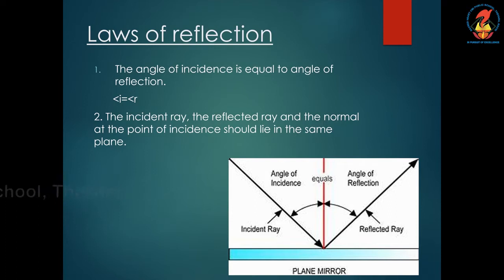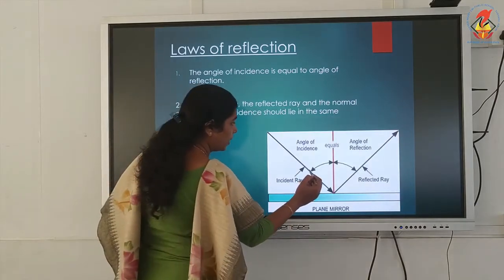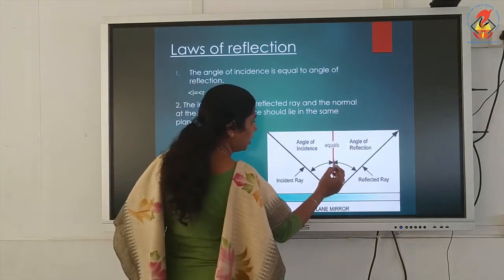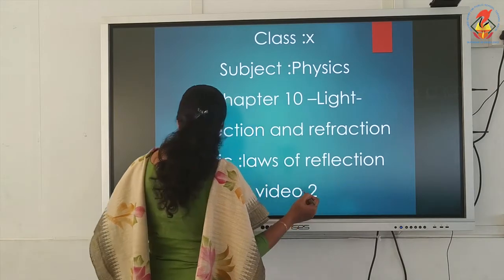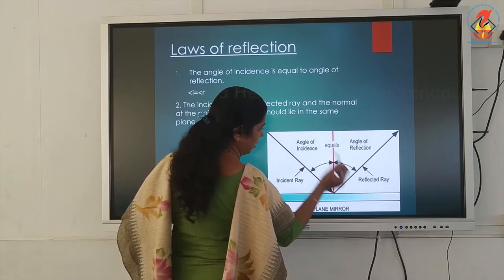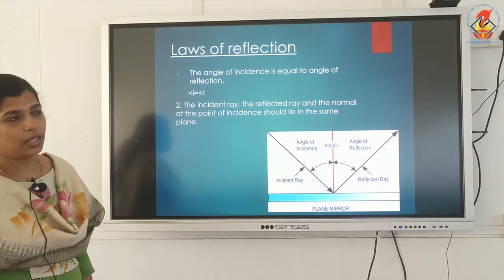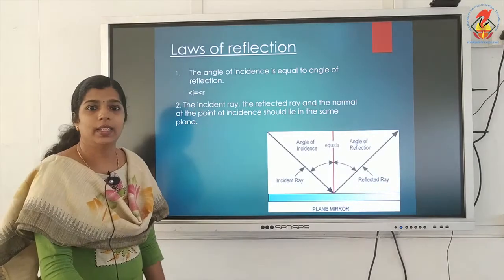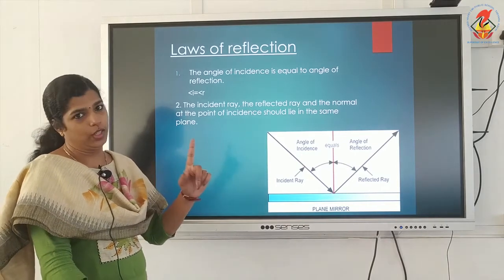So angle of incidence is equal to angle of reflection means this angle and this angle are equal, that is angle i equals angle r. That is the first law.